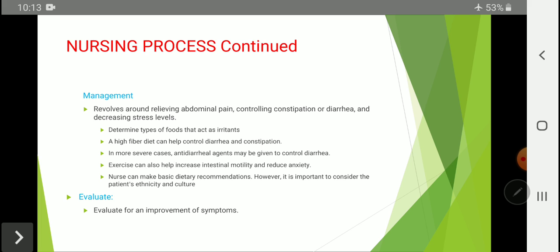For example, if I'm trying to make a recommendation to increase dietary fiber intake, and the patient is Middle Eastern or Arab, one recommendation we can make is to increase lentil soup intake, because that is a very popular dish in the Middle East and it is very high in fiber. It is a good recommendation, especially if the patient eats ethnic food and you want to increase their compliance to the diet and the overall treatment. So it's important to keep that in mind.